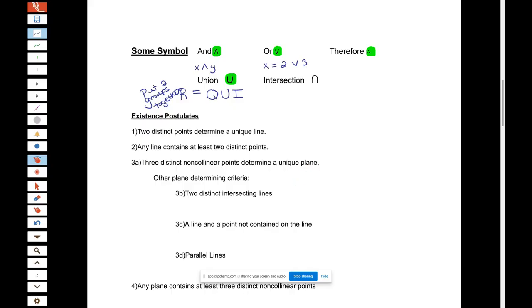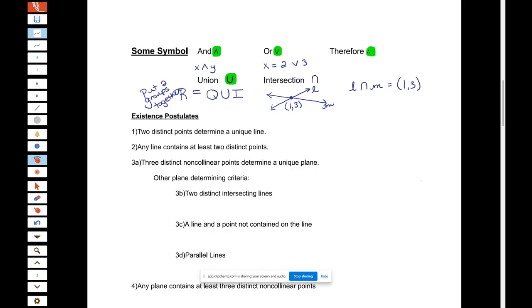And then intersection is when you cross two groups and see what they share in common. So like, for example, in algebra 1, if you wanted to find the intersection of these two lines, line L and line M, and you found that the point 1 comma 3 is where they cross, you could say L intersect M is the point 1 comma 3.